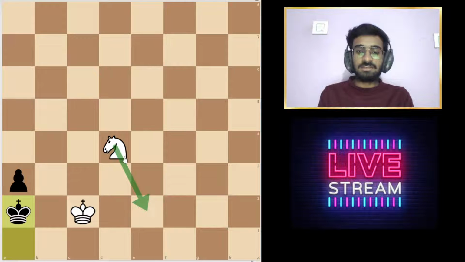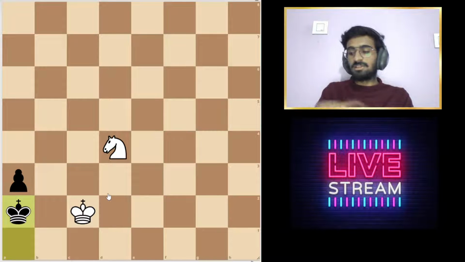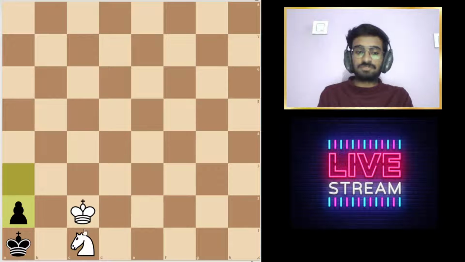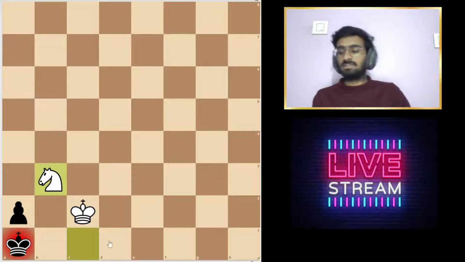Now there is knight e2, even knight f3. If you just want to keep rotating your knight, this is what you could do. But the simple move is knight c1. Now the king cannot go up, the pawn push is forced, and knight b3 is a checkmate. So this is a checkmate, knight b3 mate.